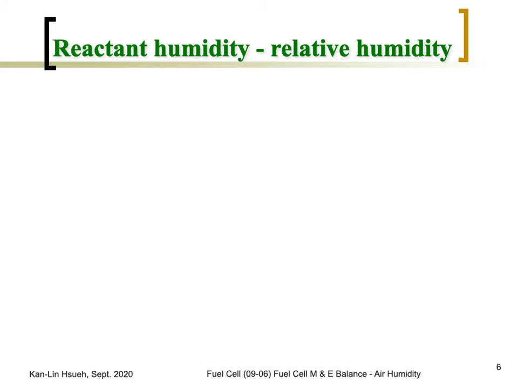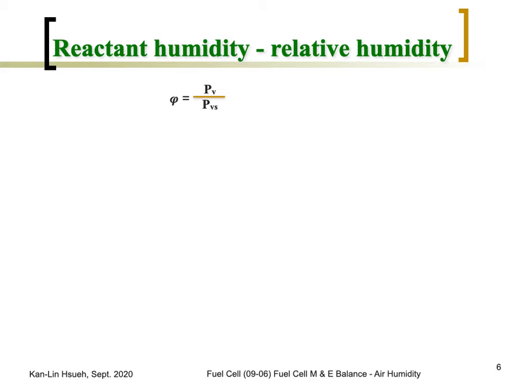The previous X and Xi are the absolute humidity based on the actual mass and molar ratio of the water and the dry air. Now we talk about the other index, the relative humidity. The relative humidity is PV divided by PVS.